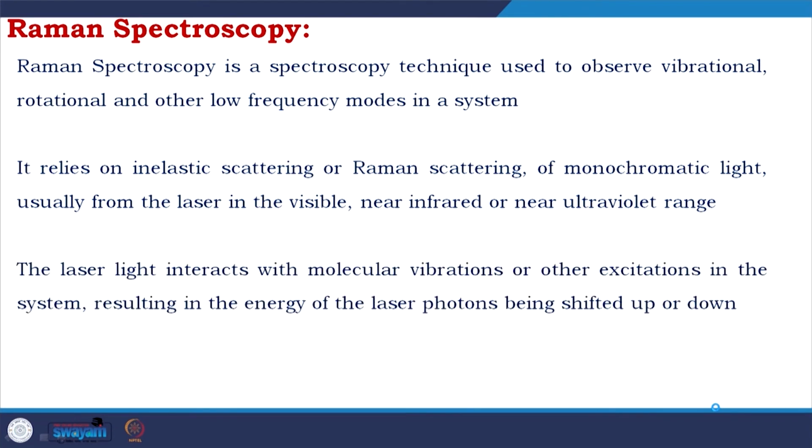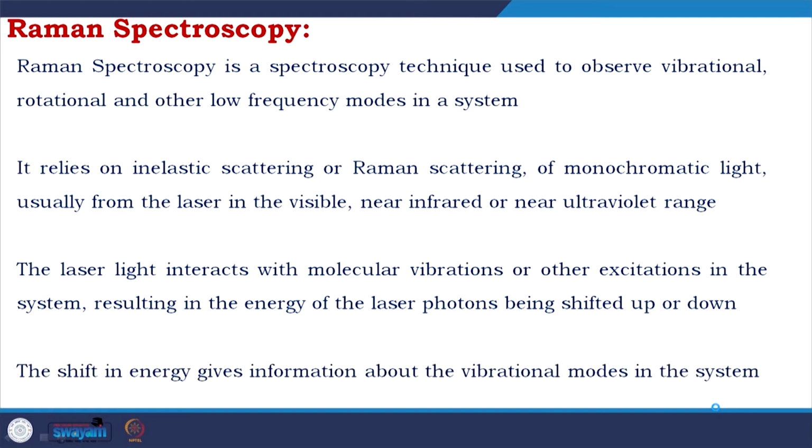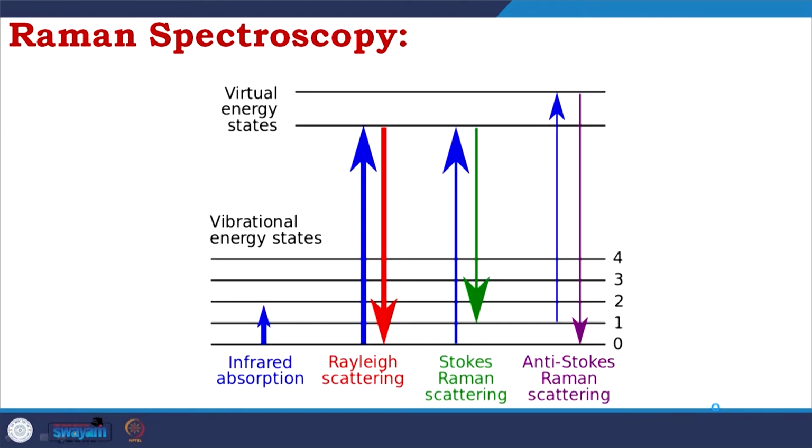The laser light interacts with molecular vibrations or other excitations in the system, resulting in the energy of the laser photons being shifted up or down. The shift in energy gives information about the vibrational modes in the system and is very characteristic. So, if you see, in the infrared level there is elastic or Rayleigh scattering, and for Raman it is Stokes and anti-Stokes.